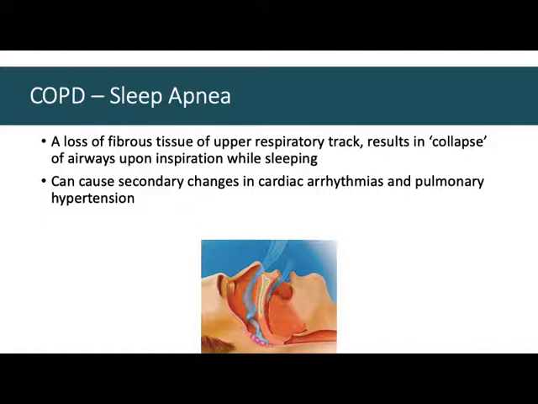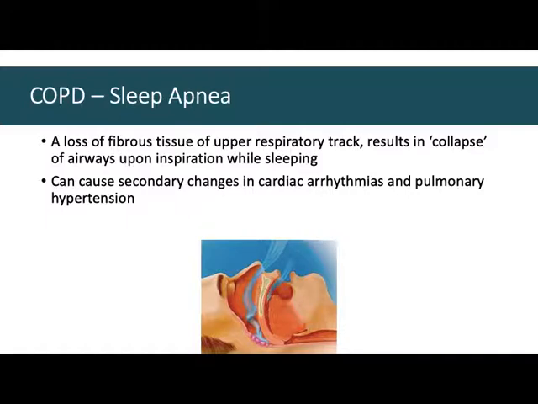You can lose that springiness, that rigidity of the airways, and this contributes to a really common phenomenon called sleep apnea, where the airways collapse while you're sleeping. The person stops breathing and wakes up and starts coughing, or may not even wake up, but the body reacts quickly to prevent a drastic, sharp drop in oxygen supply.